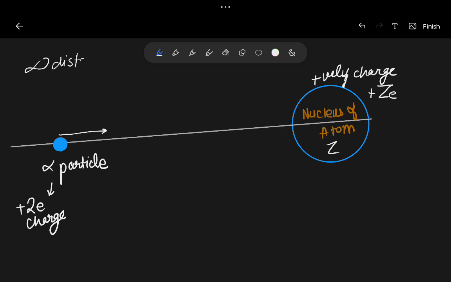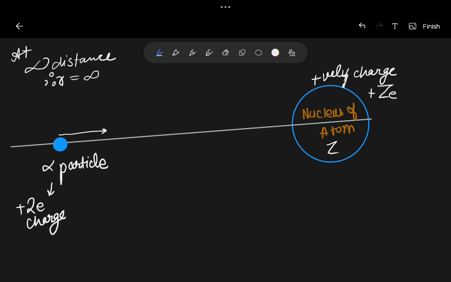It is so far from the nucleus of the atom, so it is at infinite distance, which means the distance between this alpha particle and the nucleus of the atom is infinite.